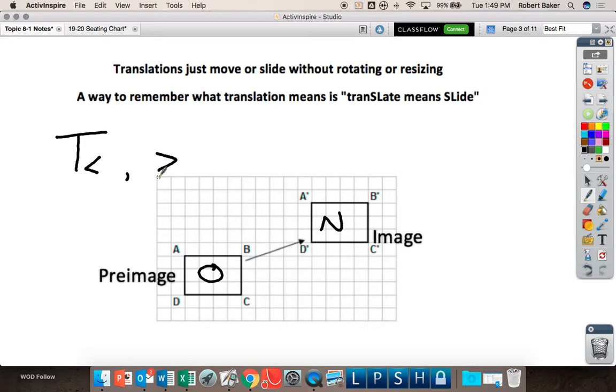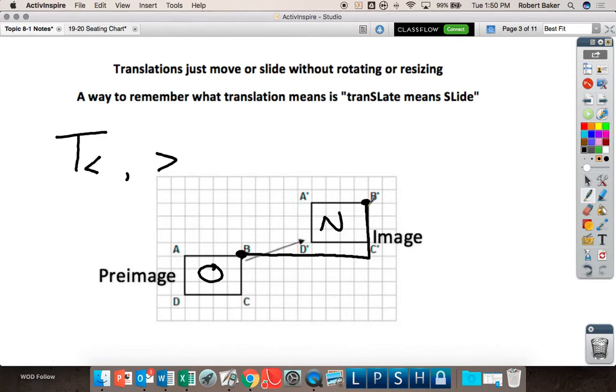So you get to pick any point you want. B. Now, if I start at B, where should I end up? C? No. D? No. B prime. If I start at B, I should wind up at B prime. And it's one transformation. So I need to count from here over and up to B prime.